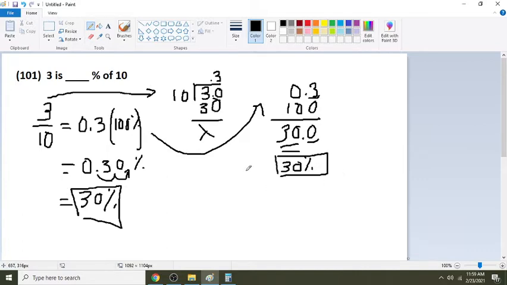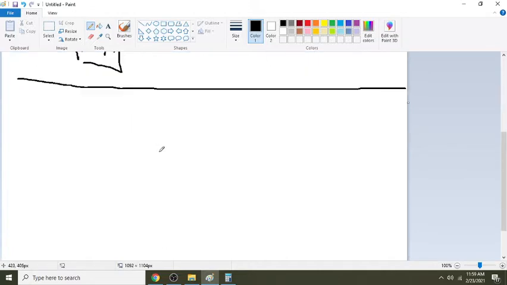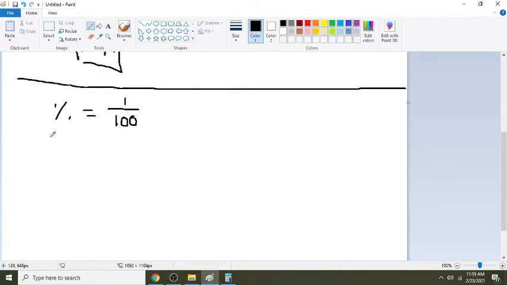There's another way to do this, because knowing that percent means over 100, or dividing by 100. If you have 3 over 10, here's another solution. All you need is to multiply this 10 so that it becomes 100.